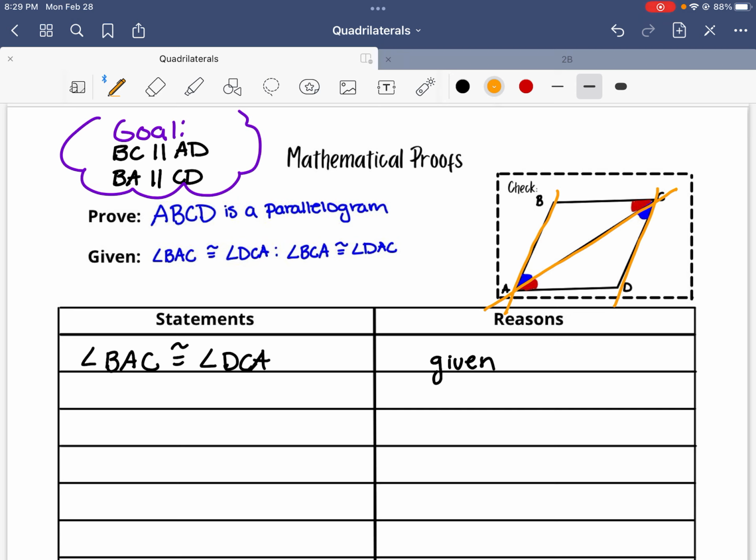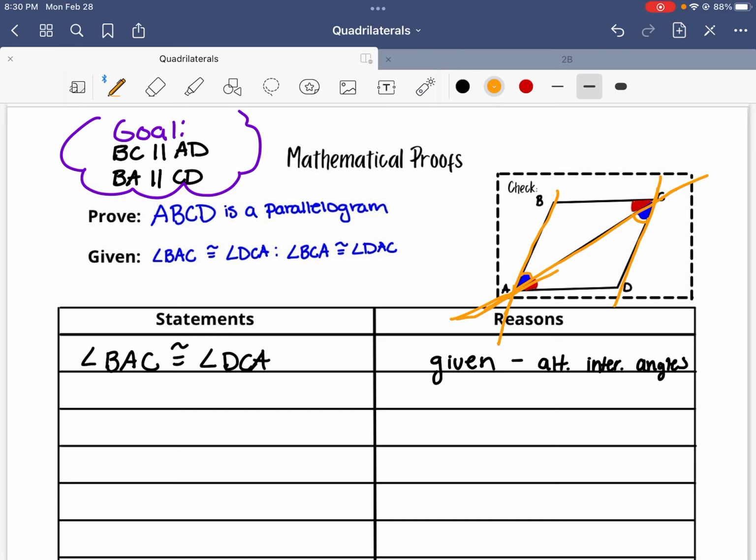I also see that my blue angles are definitely congruent by the alternate interior angles, right? So I can also say that these are congruent by alternate interior angles. But hold up, let's think a second. Let me extend these lines, hopefully you can see it a little better. In order to have a transversal line and its angles, we need two things.